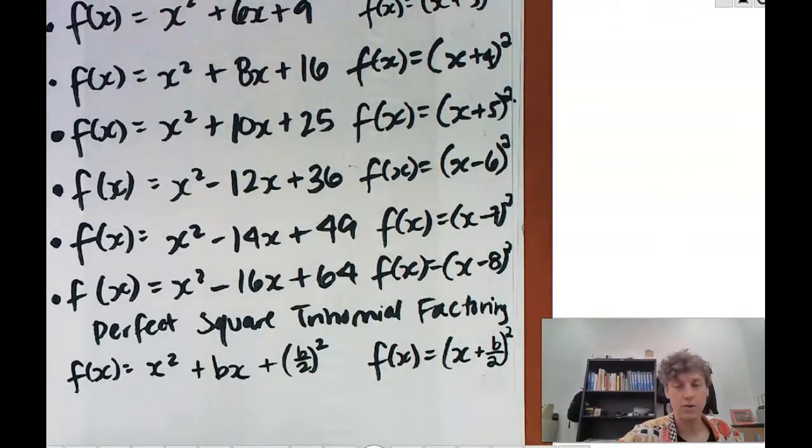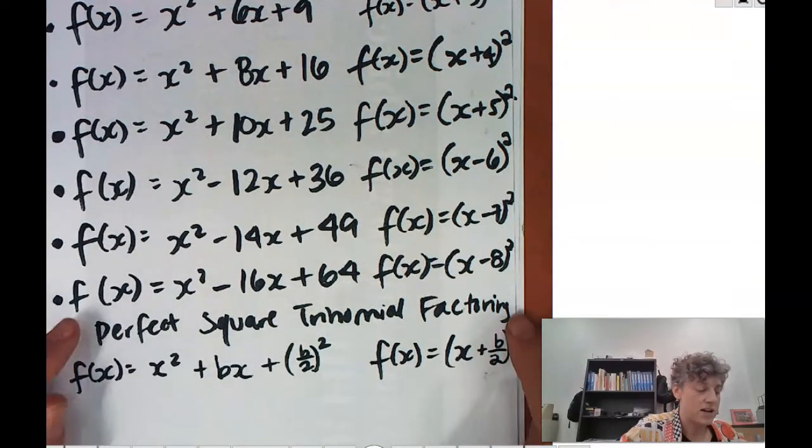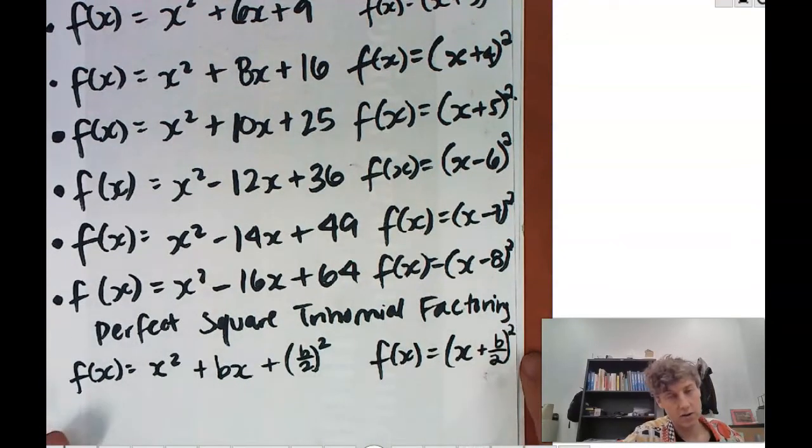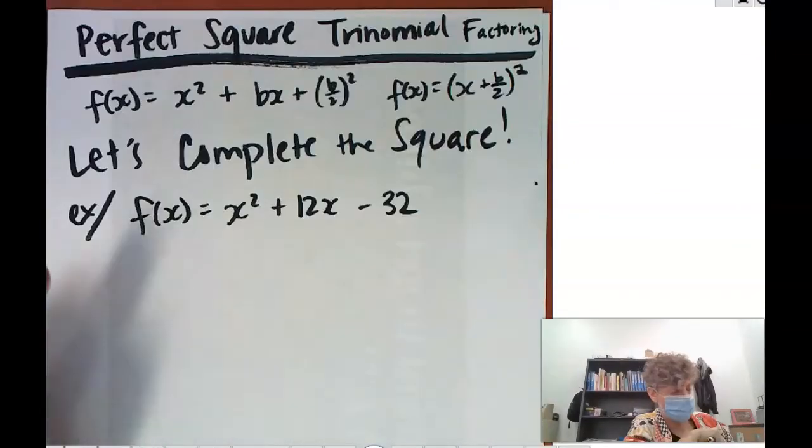Okay, we are building towards this completing the square idea, which will be trying to make a perfect square trinomial out of any trinomial we've been given. Alright, so let's put this all together.